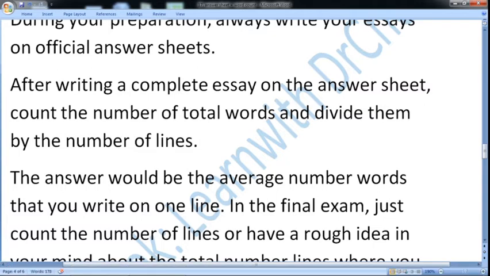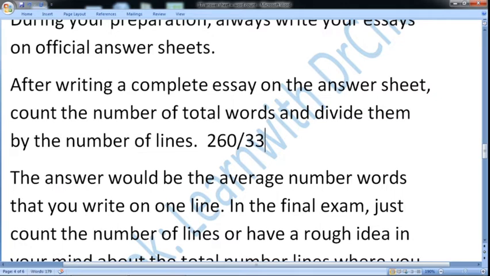For example, if you have written 33 lines and a total of 260 words, you divide the words by the number of lines, 33.